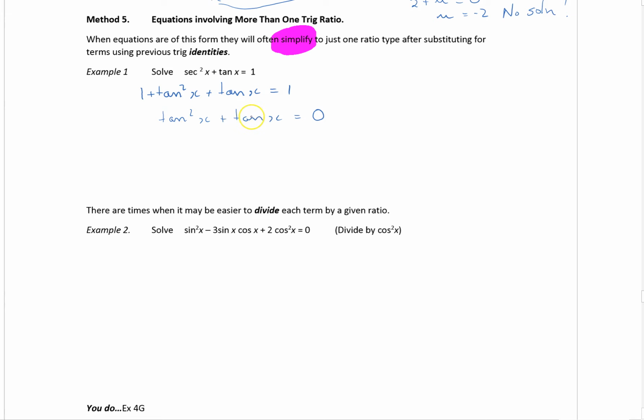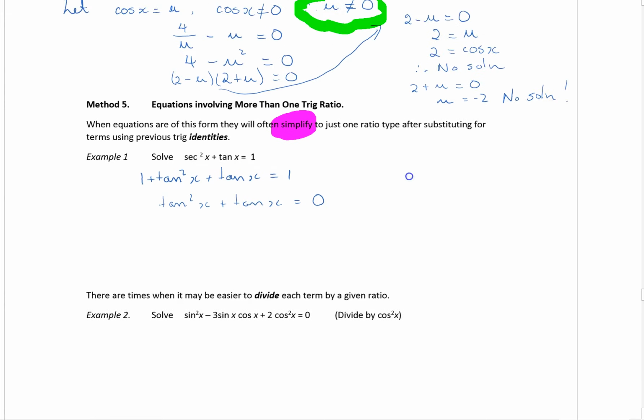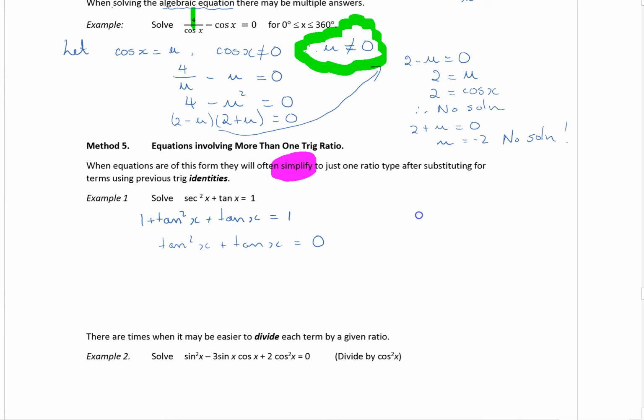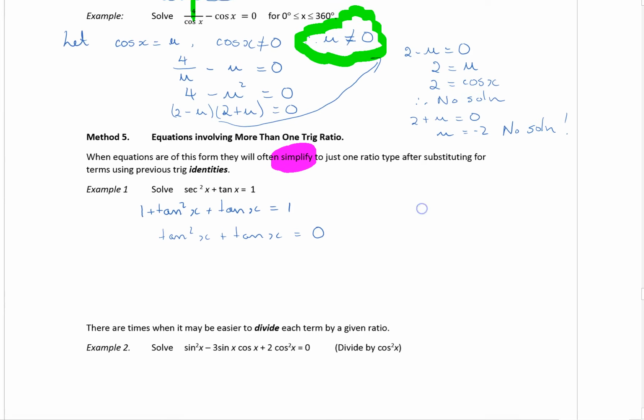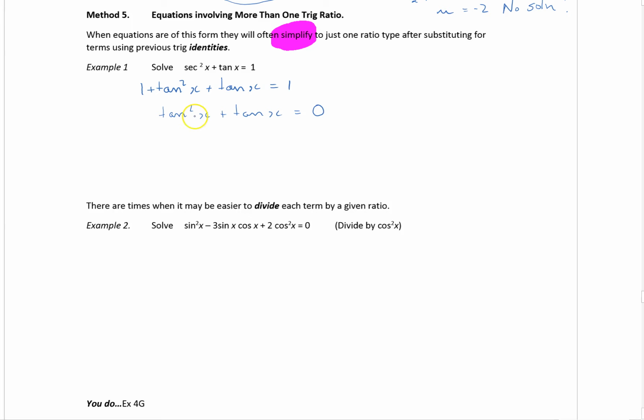Hopefully you're seeing the connection back to method 4, because we've got multiple terms of the same trig ratio, and really nicely that this is a squared.